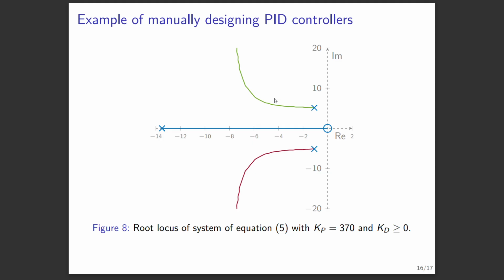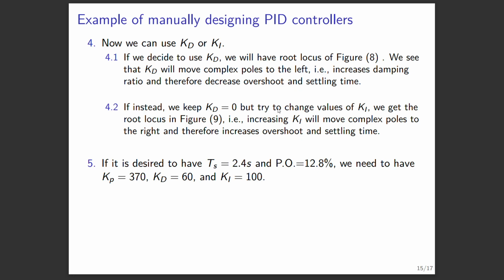So these poles are going to move to the left. And what that means is that increasing damping ratio will happen if I have a Kd, and therefore decreasing overshoot and settling time will happen.